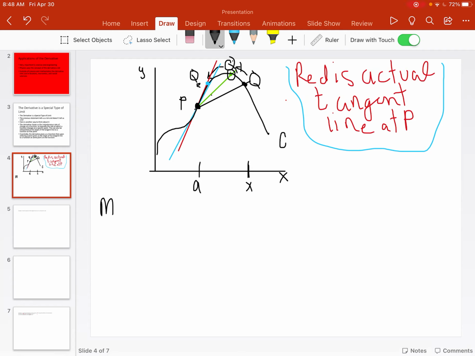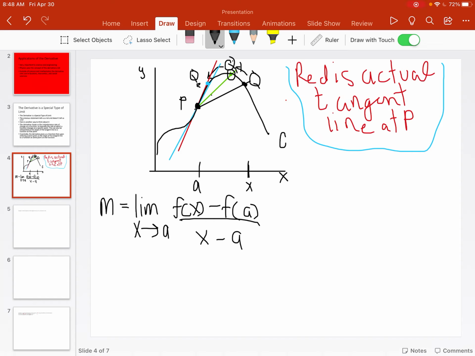Our slope m of the tangent line, we're going to say, is the limit as x approaches a, so as x gets closer to a, of f of x minus f of a over x minus a.